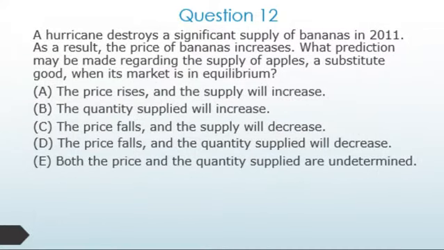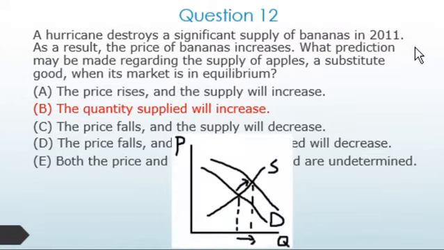So question 12 asks, a hurricane destroys a significant supply of bananas in 2011. As a result, the price of bananas increases. What prediction may be made regarding the supply of apples, a substitute good, when its market is in equilibrium? So apples are a substitute for bananas. Since there's less supply of bananas, more people are going to be buying apples.